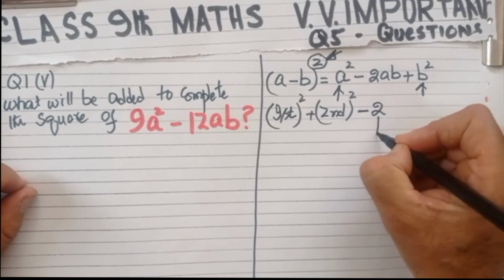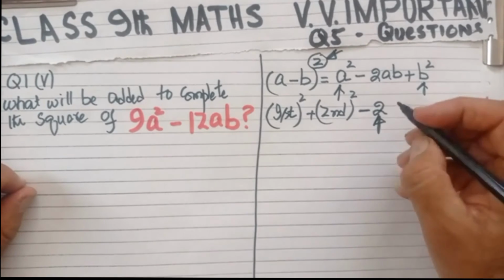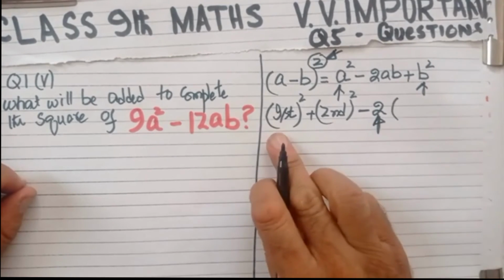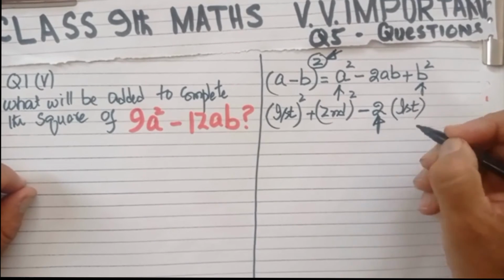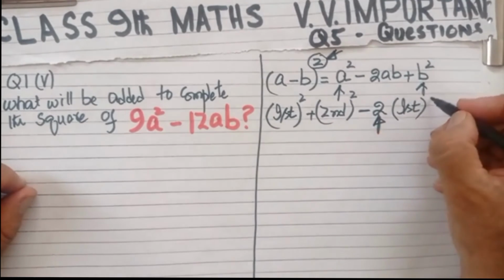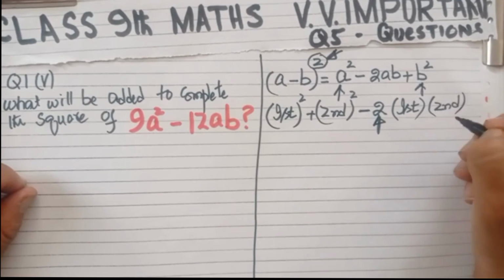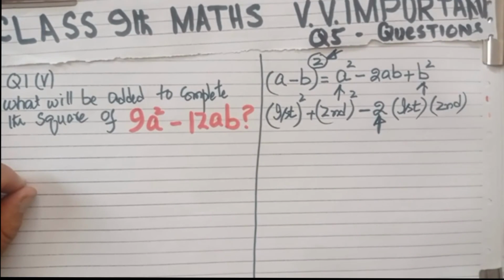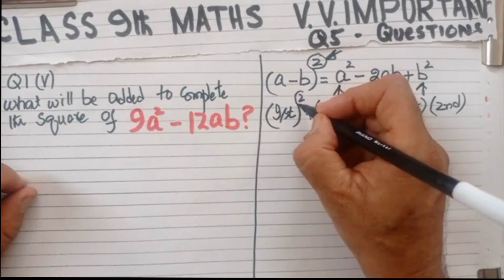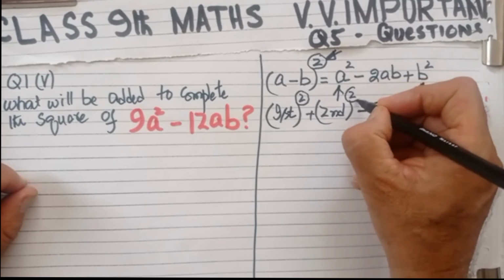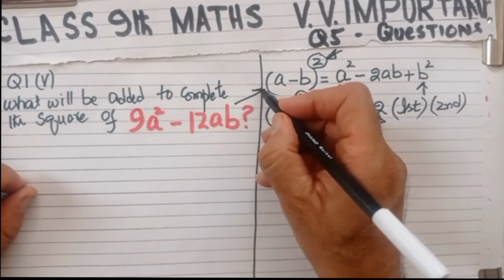This 2 is mandatory. Then this first term without square and this second term without square. But these are the prerequisites of writing the whole square in a bracket.